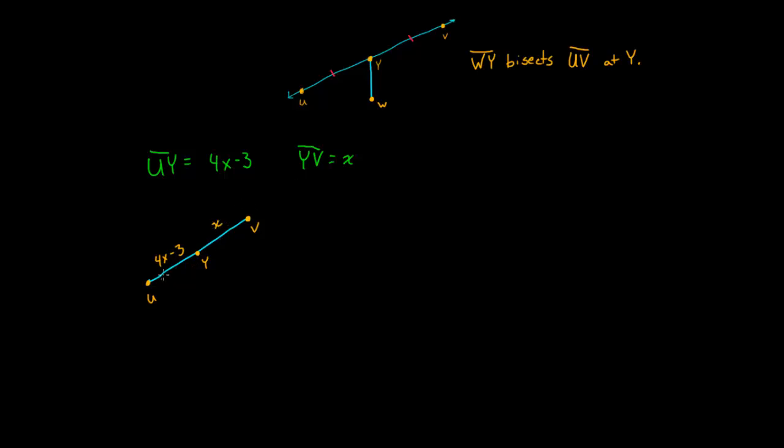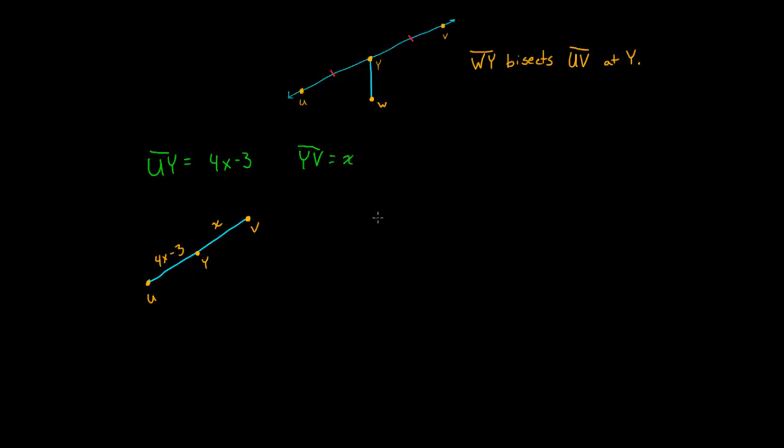Now the reason I'm writing this down is so that I can see the entire picture. I can see that it's not saying UV equals something. That way it doesn't tell us the entire thing. I bet later on, one of these examples will probably have us do that. So what I know is this will equal this. So our UY will equal YV.